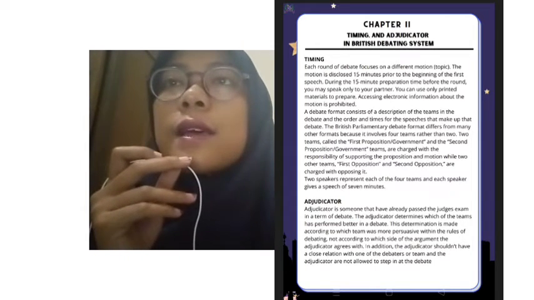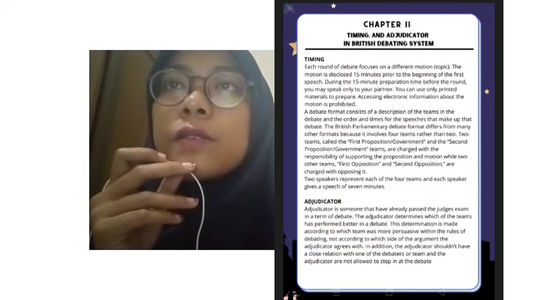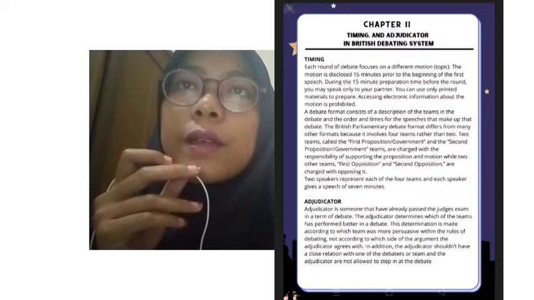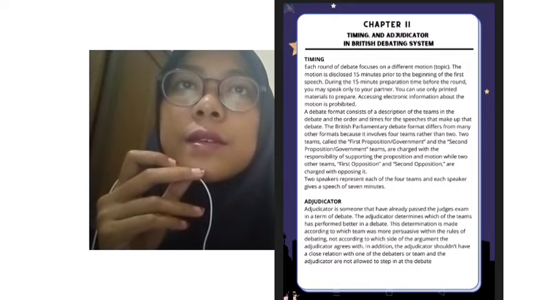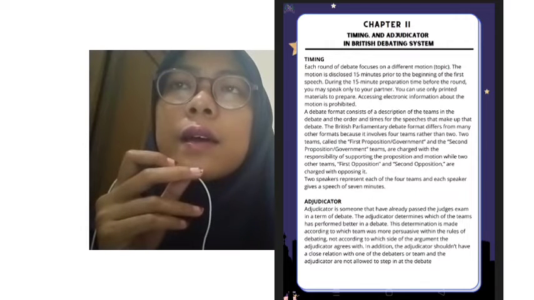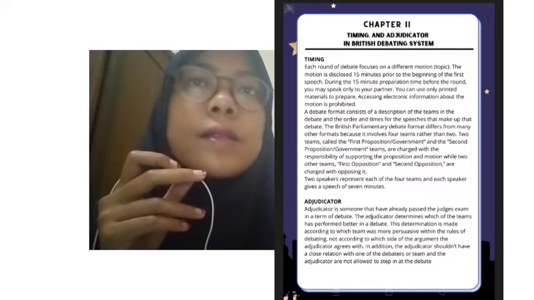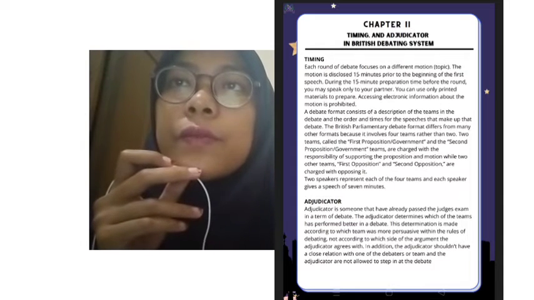The next is adjudicator. An adjudicator is someone who has already passed the judge's exam in terms of debate. The adjudicator determines which of the teams has performed better in a debate.